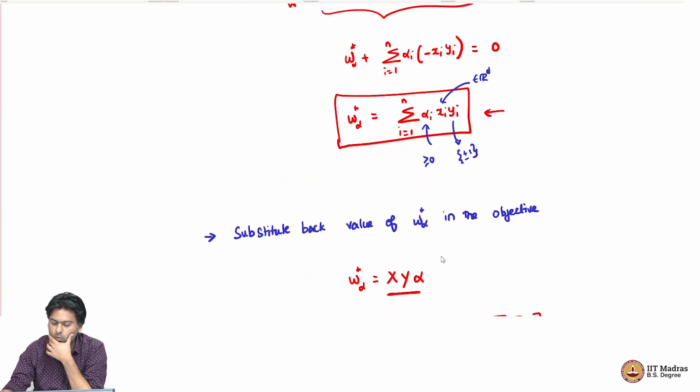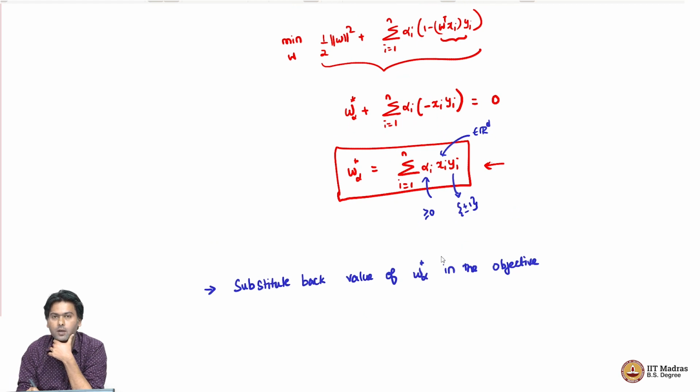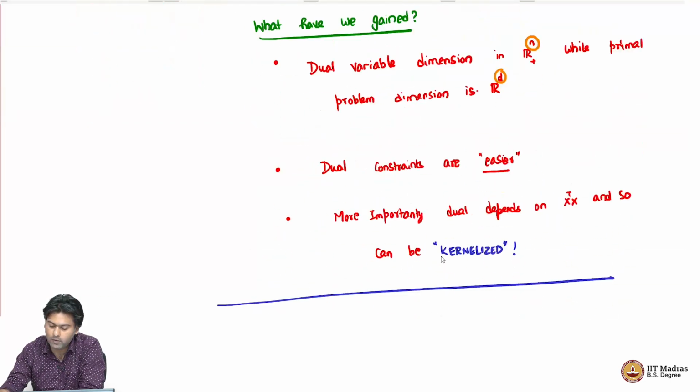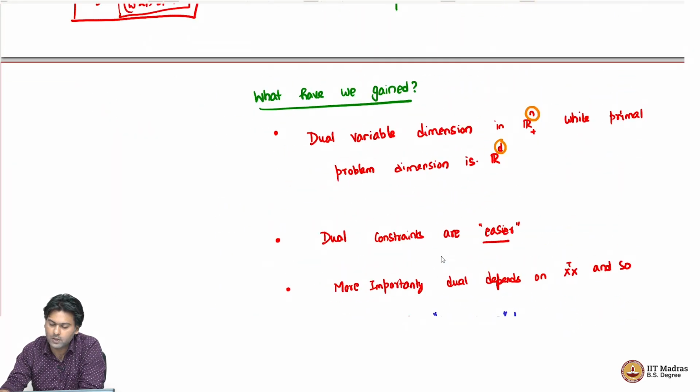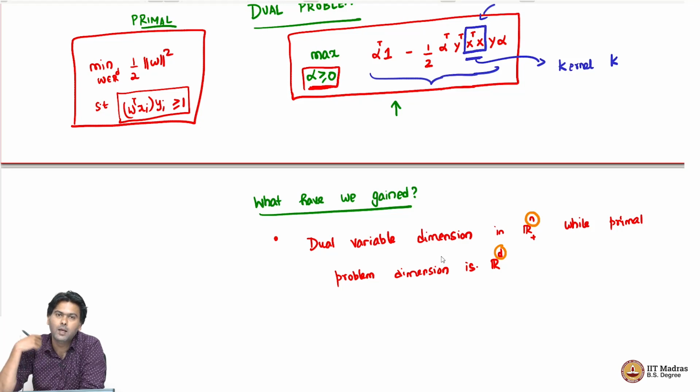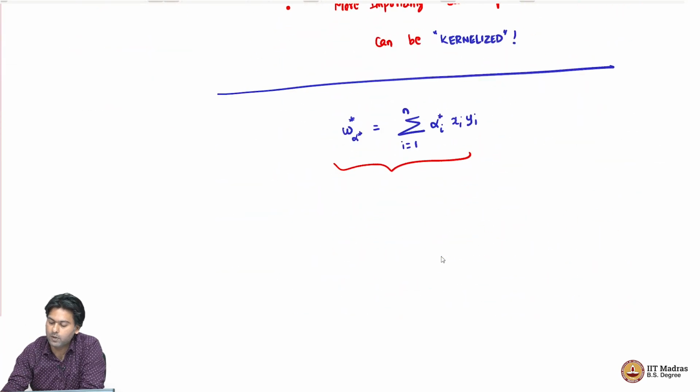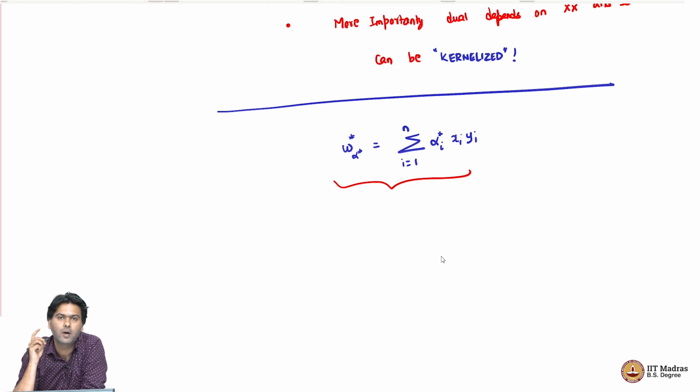Because if you remember, whichever alpha I fix, the w star corresponding to that is a linear combination with respect to that alpha, which means that if I solve the dual problem and find that alpha star is the solution of the dual problem, then the corresponding w star will be of the form sum over i alpha star_i x_i y_i, because that's what we derived, by taking the gradient and setting it to 0.